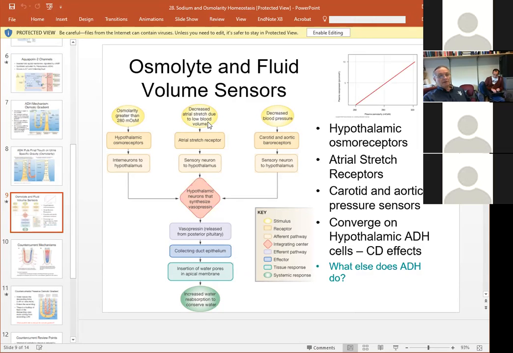Whereas the carotid artery and aorta are very inflexible, and so pressure causes stretch without much change in volume. So they're thought of more as pressure detectors, whereas the atrial wall stretch receptors are thought of as volume receptors.